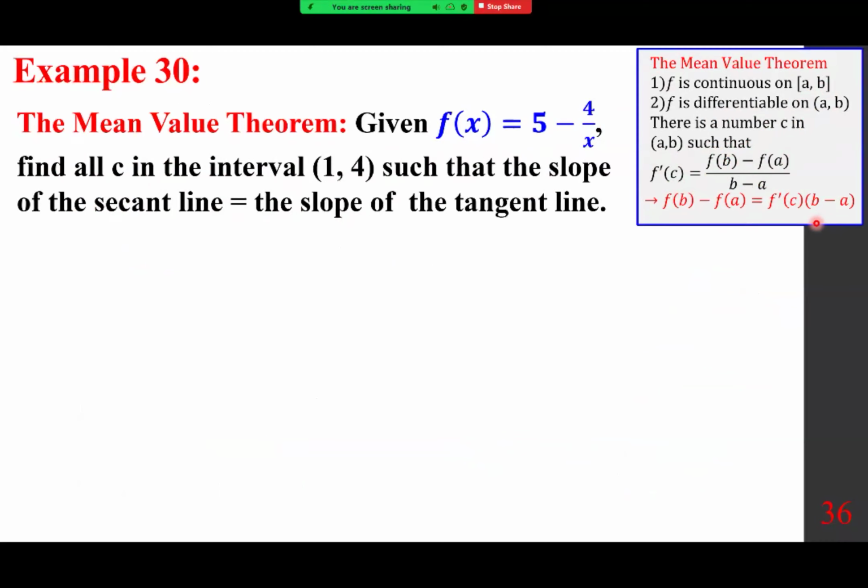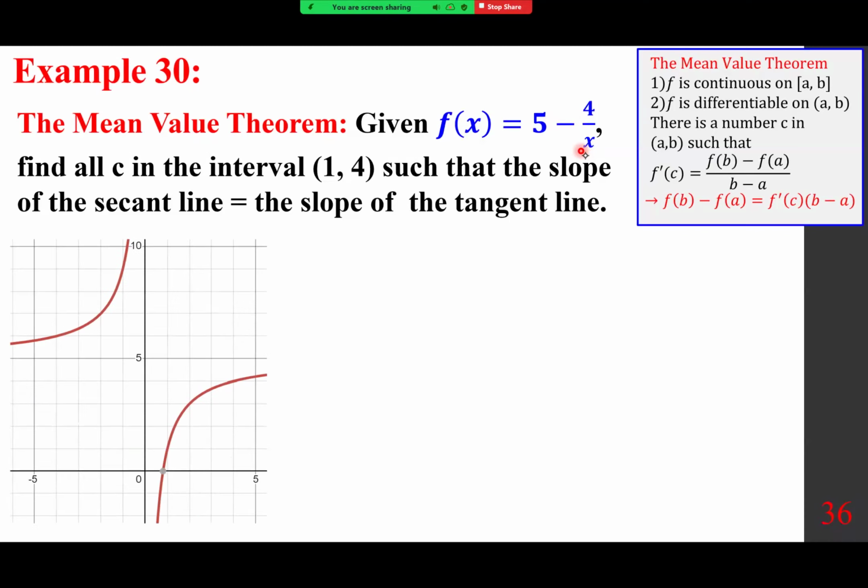Now, what is this function? This is a rational function. And for a rational function, the domain is all real numbers except what makes the denominator 0. So all real numbers except 0. So here's the graph we wanted. Here's the 1, here's the 4.